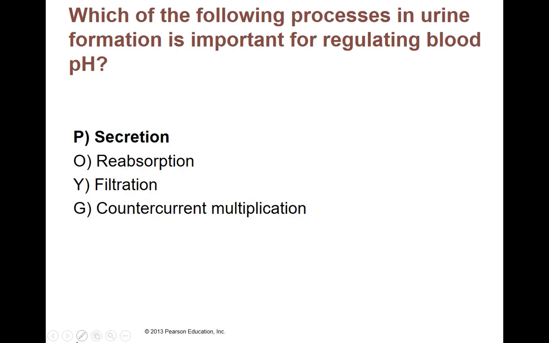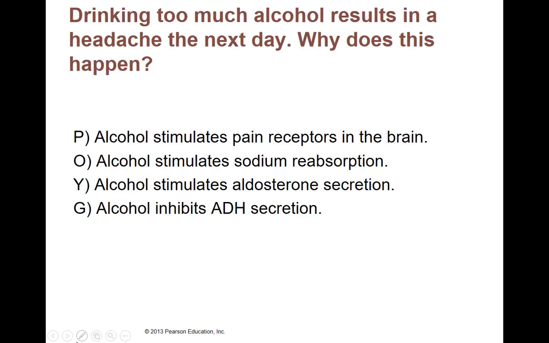Biggest reason, if you are too acidic, you can secrete hydrogen ions. If you are too alkaline, you can secrete bicarbonate ions. So we can just get rid of things to regulate your pH.